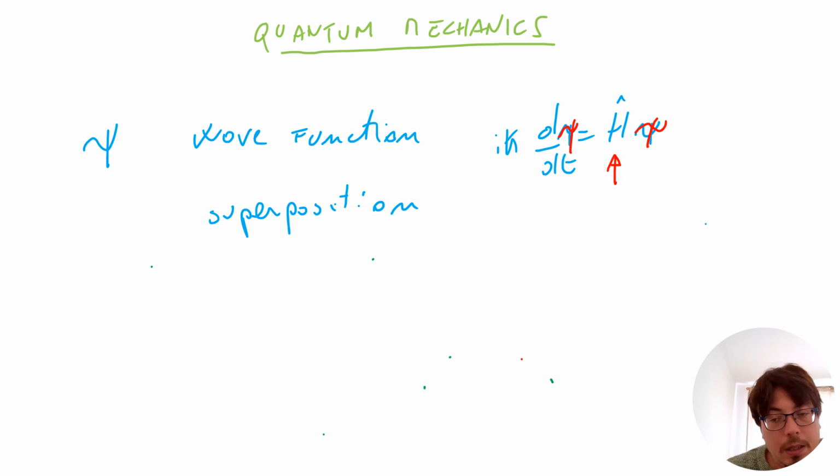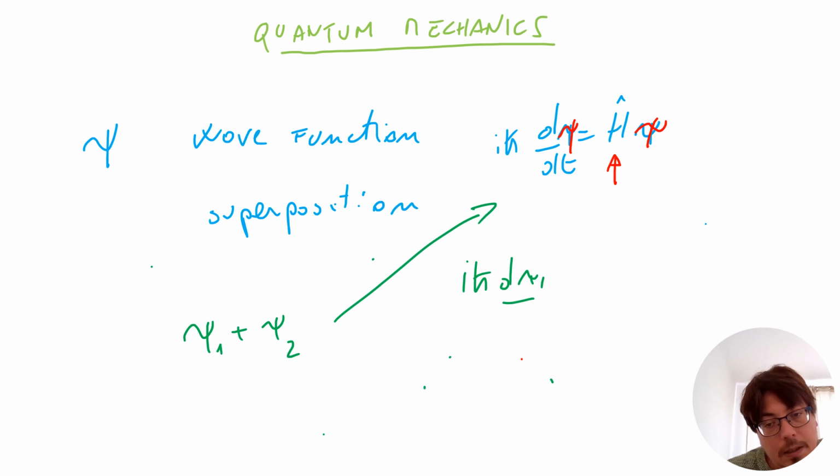You can have a wave function, and then suppose you have another wave function and you add it to it. You can do that because if both of these wave functions solve the Schrödinger equation, even the sum will do.